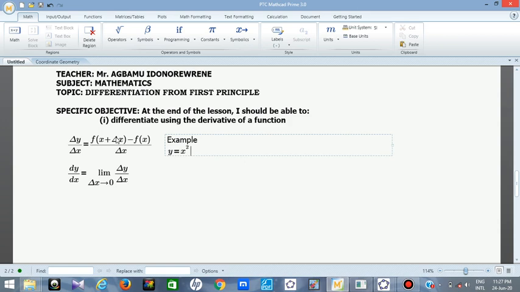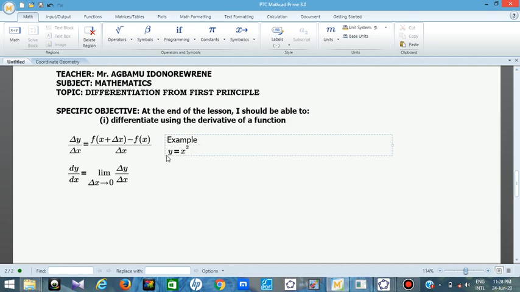So we said the change in x, you are going to use delta x to represent change in x, which is x2 minus x1. Since we are making x2 the subject, you recall our last class, this x we need to replace with x plus delta x. The same thing with y.